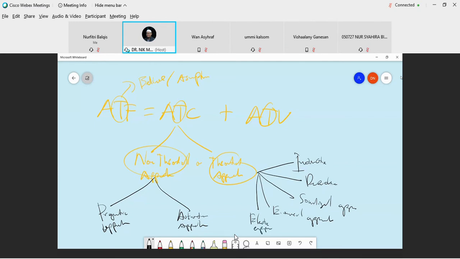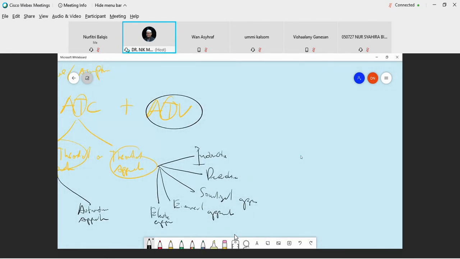Okay. Once you realize these approaches are going to enable you to construct your theory by having some sort of data, you need to move to the second step, which is to verify ataupun validate that data. Macam mana you nak validate? You hanya boleh validate melalui 3 cara.